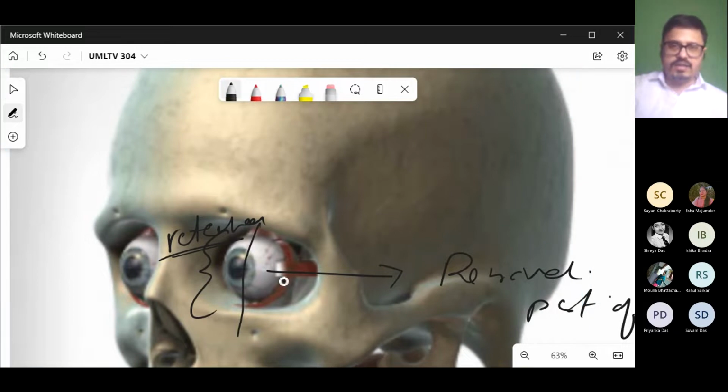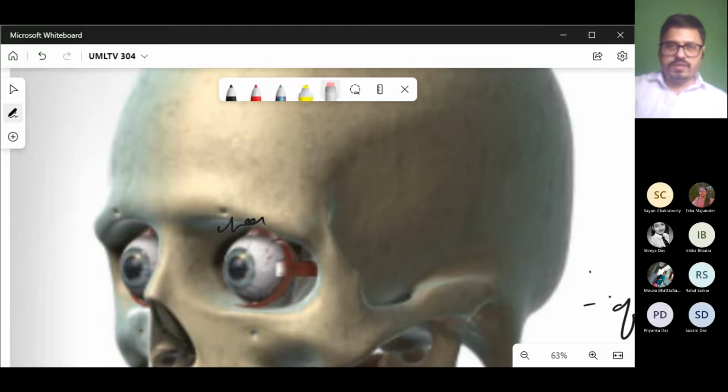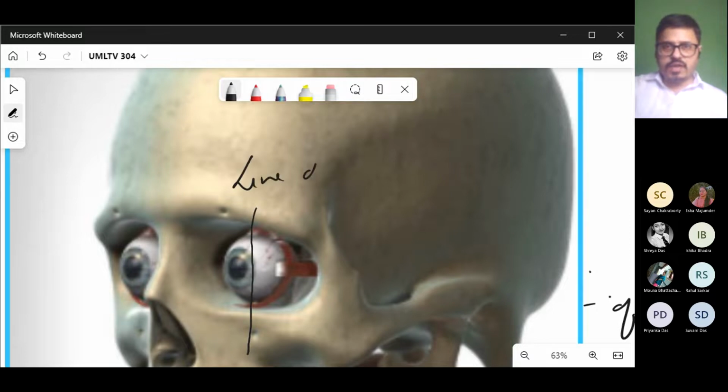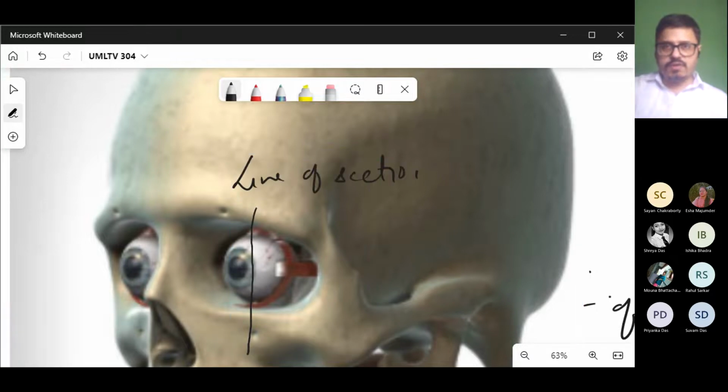After that, I was trying to explain that if I, with the help of a knife, knife is a common word that we use, but here we use something called scalpel, if I make a section across this eyeball, this line would be the line of section. So one half would thus be removed. So let us remove this half, removed half.